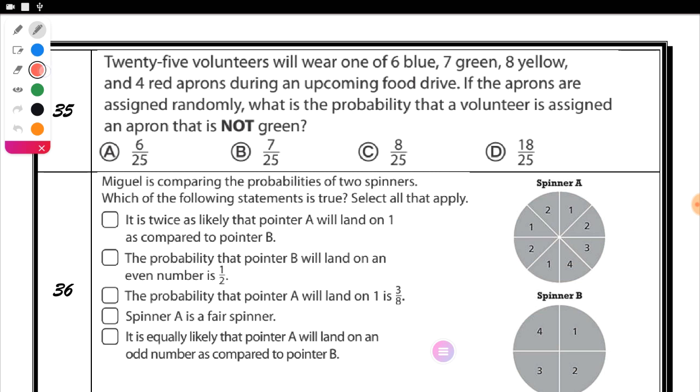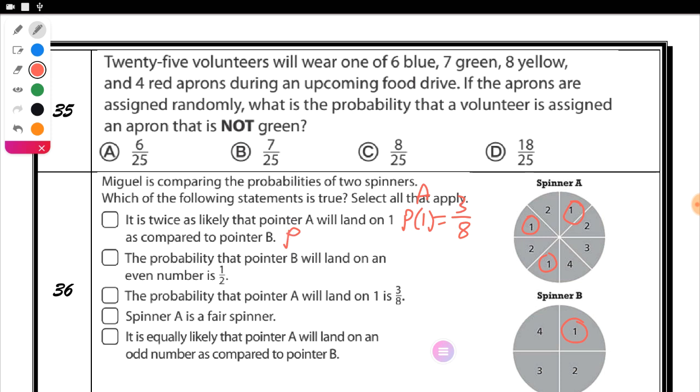So let's get the probability on spinner A. P of 1 on spinner A equals: 1 appears how many times? 1, 2, 3. 3 over all 8, so it's 3 over 8. Let's calculate it on B. On B, 1 appears 1 time.